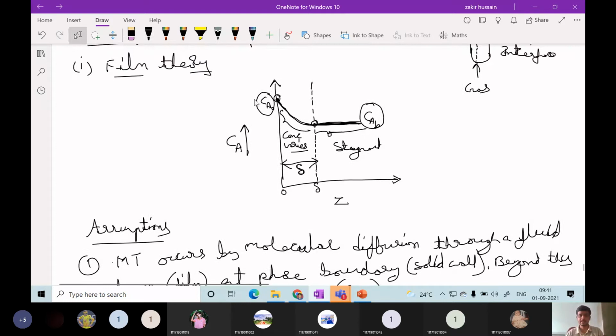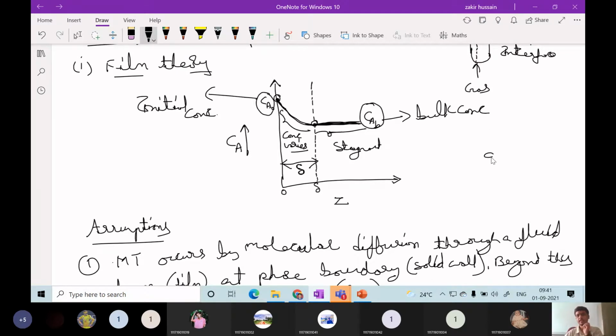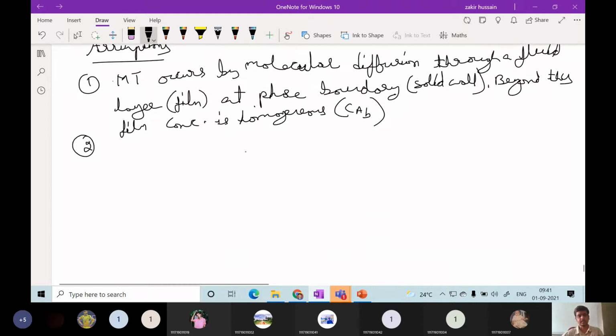Ca0 is the initial concentration, then this is the bulk concentration. Delta is the film thickness.